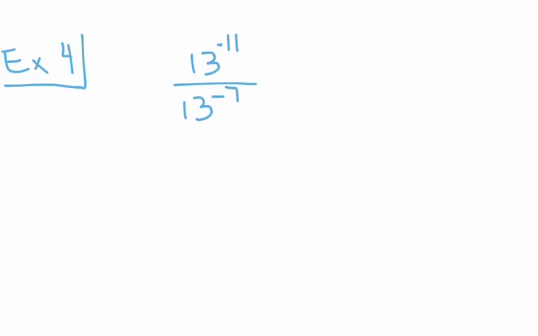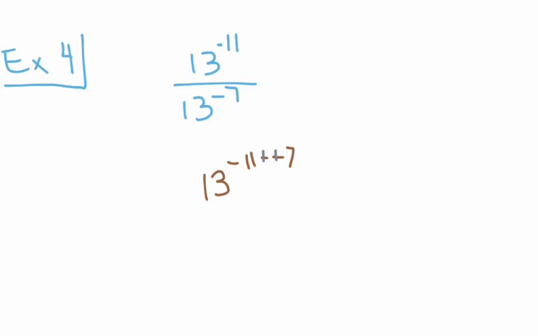So for this one, again, we're subtracting powers with the same base because we're dividing. So we have 13 to the negative 11th minus negative 7. The first minus sign is because we subtract the exponents, because we're dividing the powers. The second negative is just because it's negative 7. Now we know that when we have a double negative like that, it becomes plus positive.